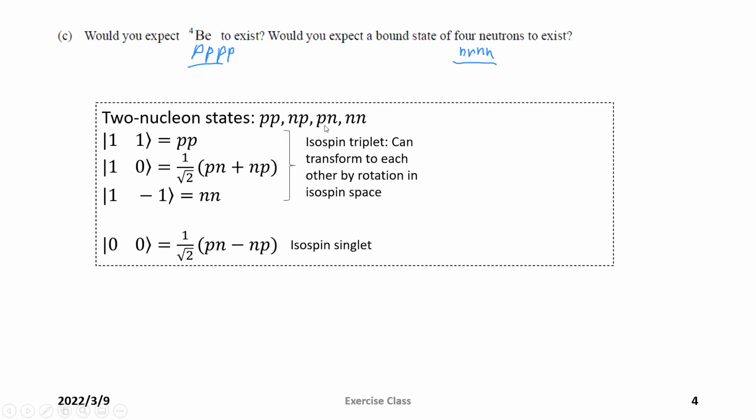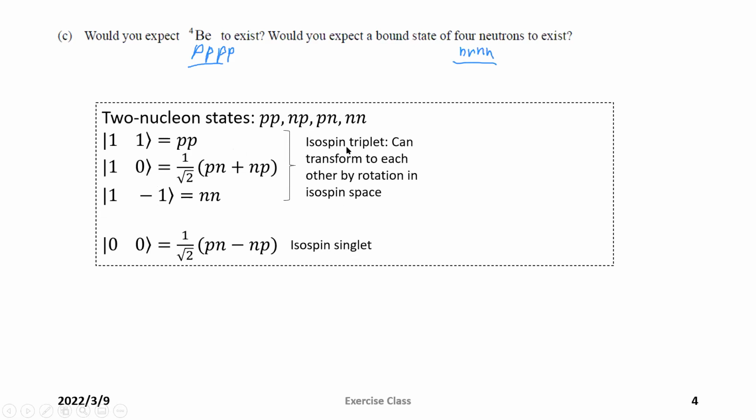So for convenience, we can first do some combinations so that they become eigenstates of the total isospin. Here is the result. We have an isospin triplet and an isospin singlet.